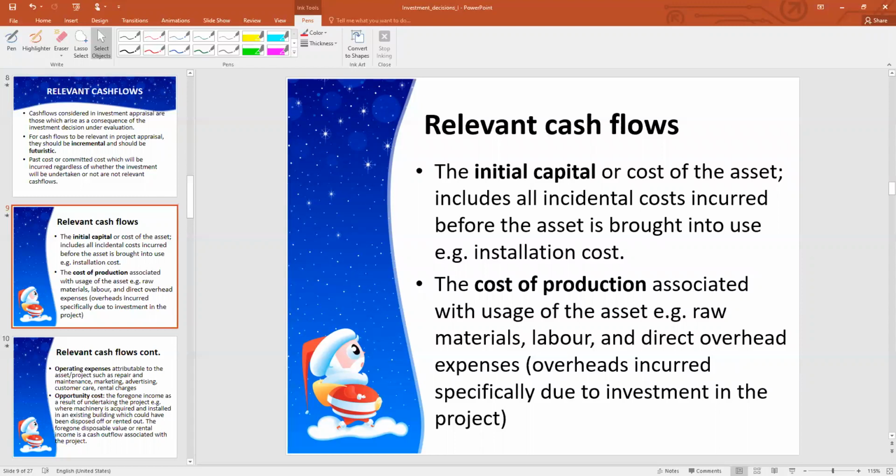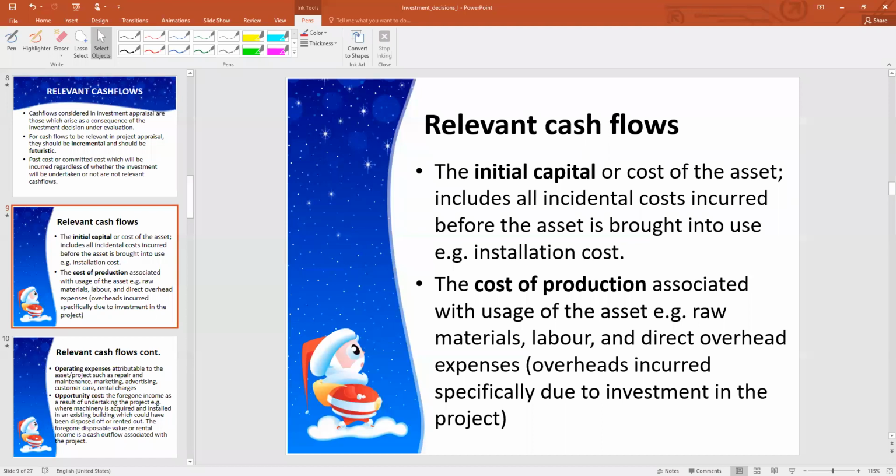Because you are deciding to invest in a project, you must pay something for sure. This is not done for free. Therefore the cost you incur to invest in the project is referred to as the initial investment cost, and that will include the purchase cost of the asset, for example, the installation costs, the import duty in case you are importing this particular machine, the VAT, the incidental costs and the carriage inward costs.